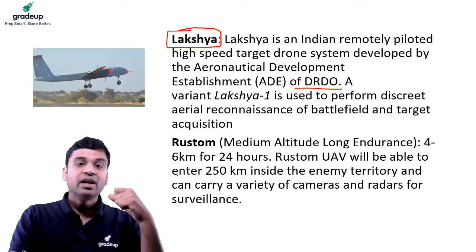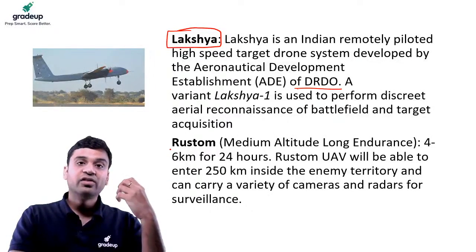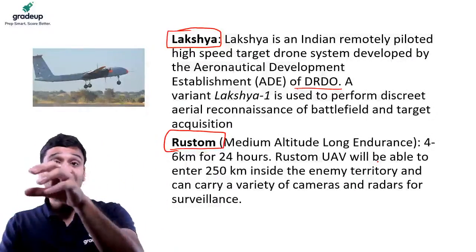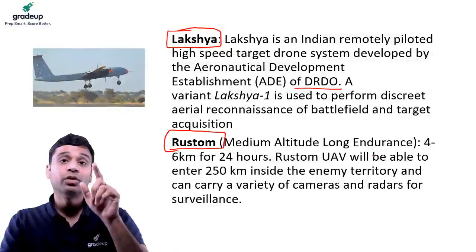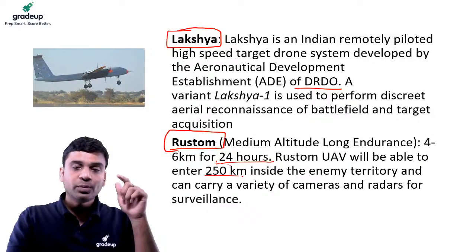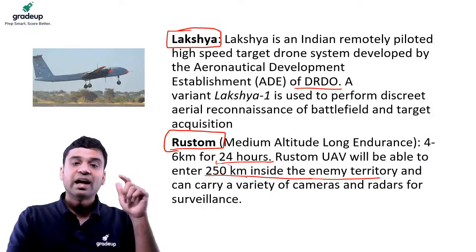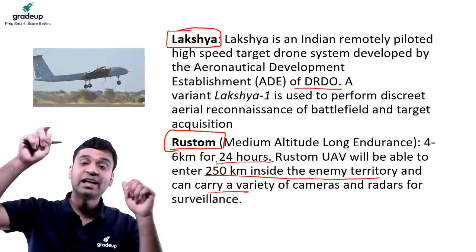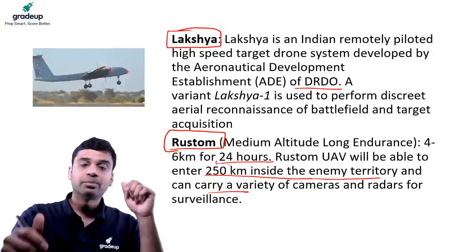Similarly, Rustom. Rustom is a long endurance unmanned aerial vehicle. Sorry, it can enter 250 kilometers inside the enemy territory, and at a height of 4 to 6 kilometers above the surface, it can stay for 24 hours. Rustom.